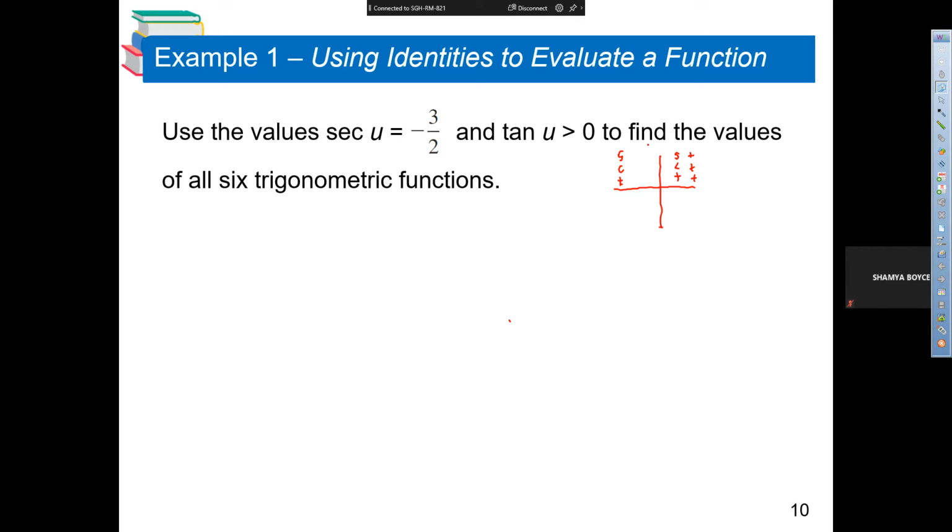Let me pull out my notes so I don't mess this up. In that quadrant, sine is positive, cosine is negative, which means tangent is negative. Down here, sine is negative, cosine is negative, which makes tangent positive.